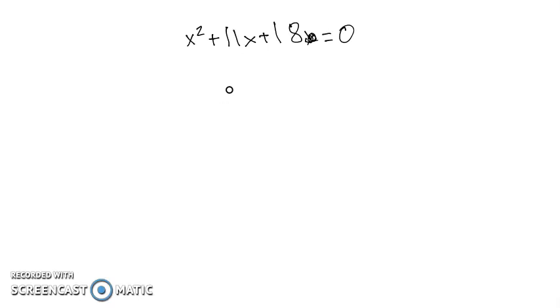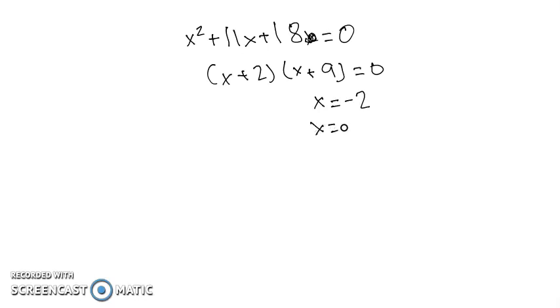I think of 2 and 9. So now this time I will just do x plus 2 times x plus 9. If you want to, you can pause the video and try to do the grouping method and come to this, because you don't have to believe me, you can do this. x is equal to negative 2 or x is equal to negative 9.